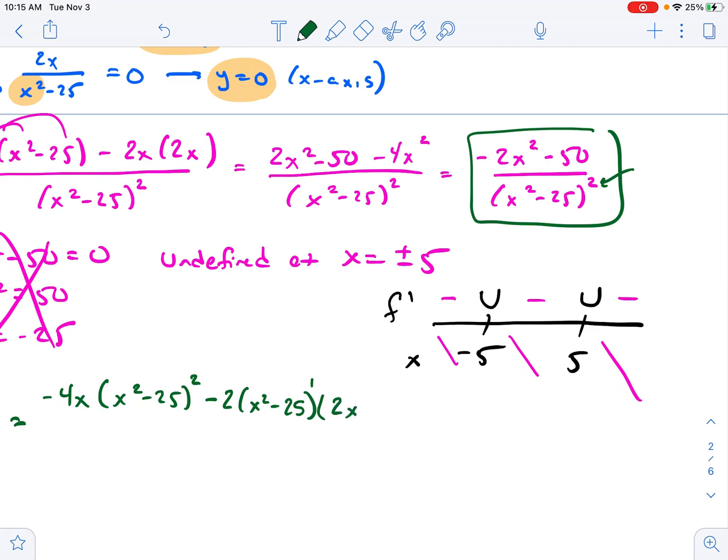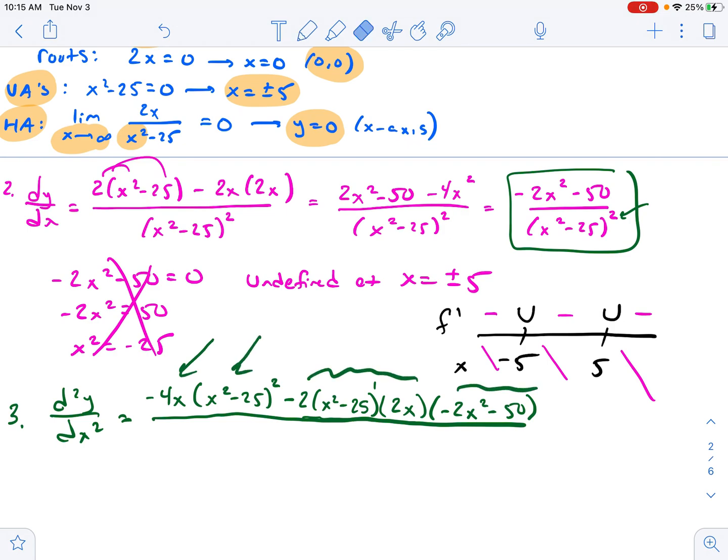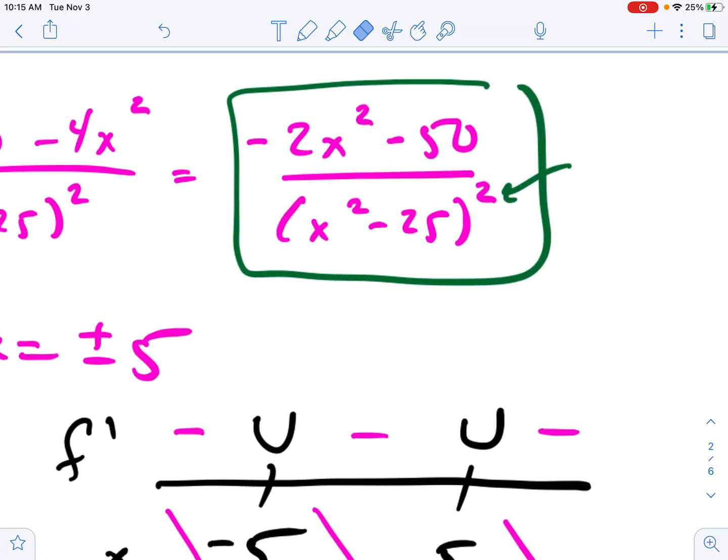New power is 1. Derivative of the inside is 2x. And because we're doing the quotient rule, it was the derivative of the bottom, which is all that, times the top. All right, and there's the quotient rule, derivative of the top times the bottom, minus the derivative of the bottom times the top. All over the bottom squared.